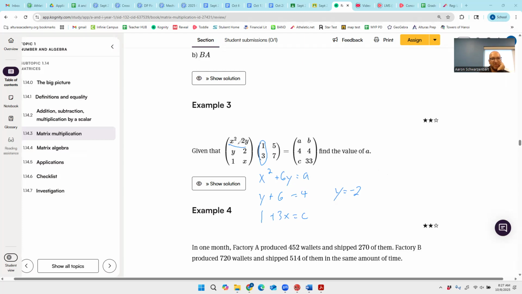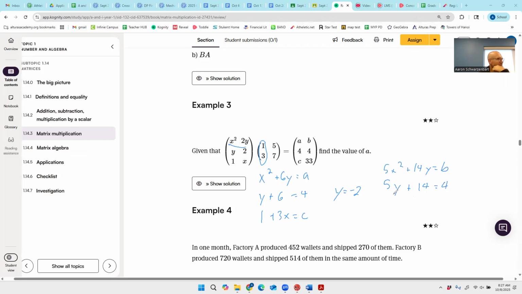Now I'm on to column 2, and I go row 1 times column 2. 5x squared plus 14y equals b. 5y plus 14 equals 4.